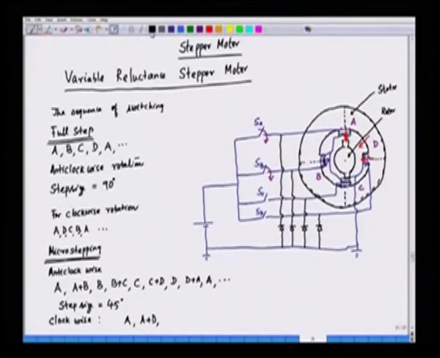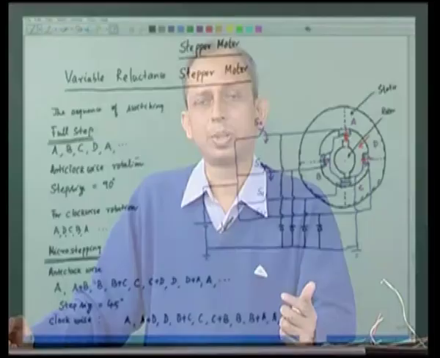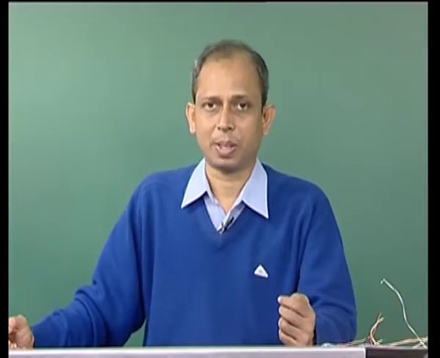So, the sequence of switching will be A plus D, and then D plus C, then C plus B, then B plus A, then A, and so on. This will give us the rotation in the clockwise direction with a step size of 45 degrees.